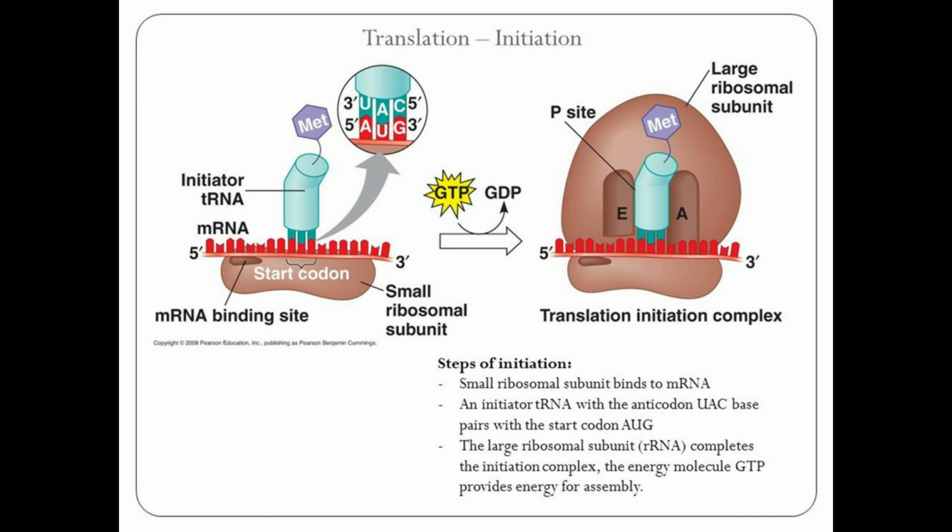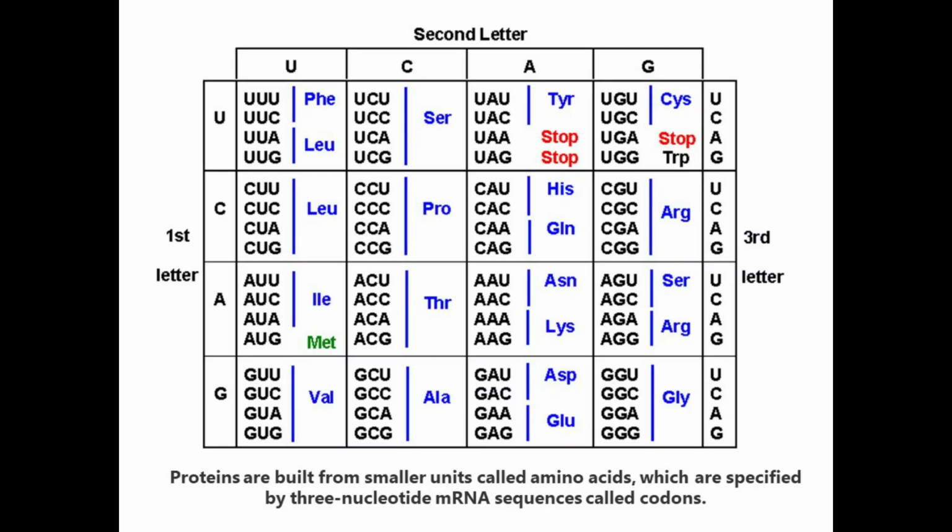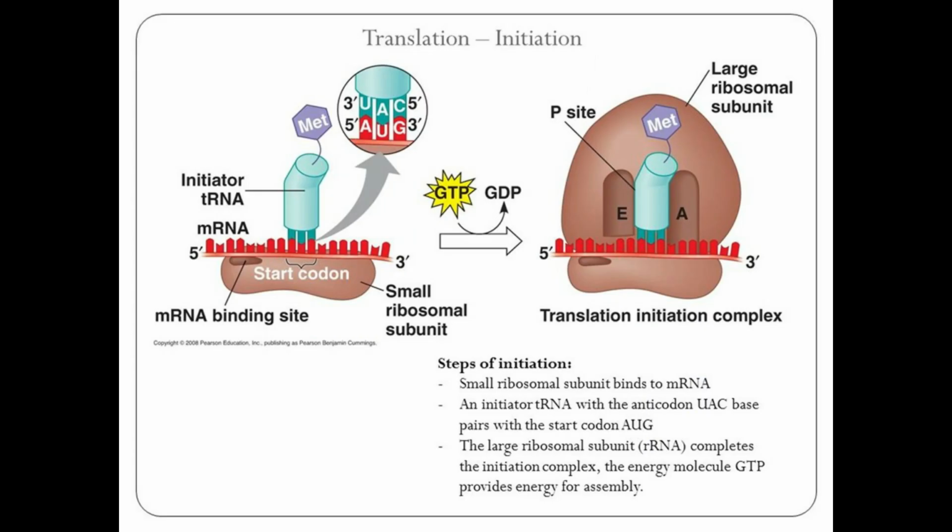It is considered to be the initiation codon. So, in any protein synthesis, AUG is the initiation codon which codes for the amino acid methionine. So, for the formation of this complex, first the mRNA has to get associated with the smaller subunit of the ribosome and then with the methionine tRNA or the initiator tRNA.